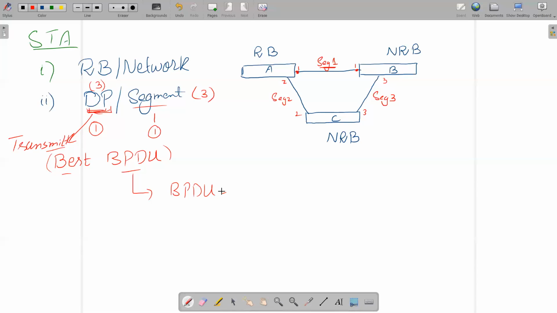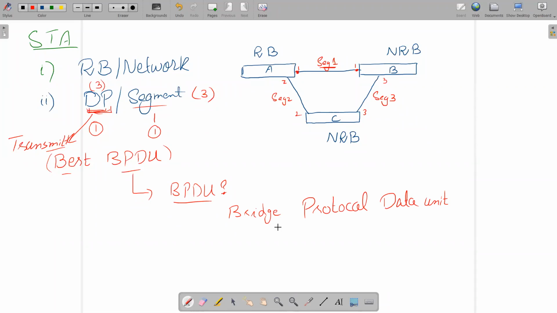What is BPDU? BPDU is a bridge protocol data unit.